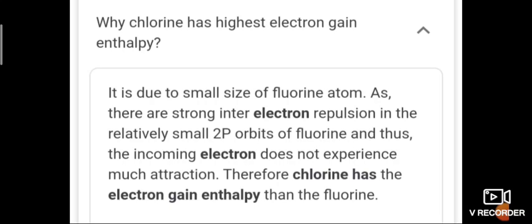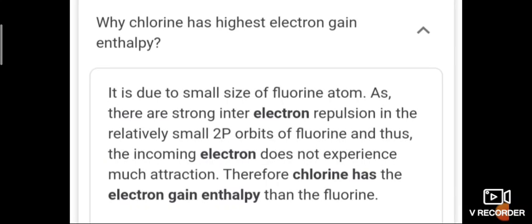The ability of attracting an electron is more for fluorine than chlorine. Fluorine wants one electron more. So it attracts the electron, but accepting the electron is easier in chlorine.